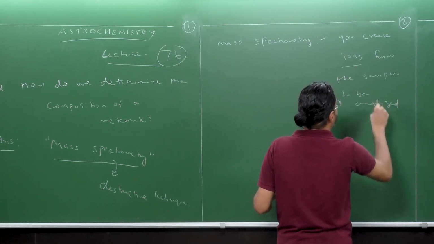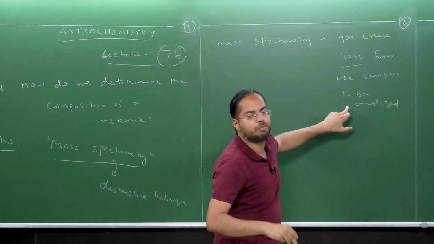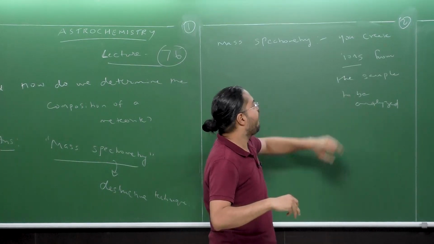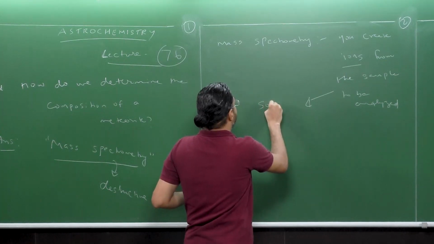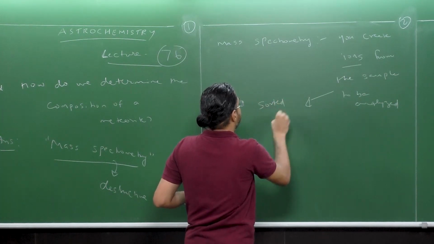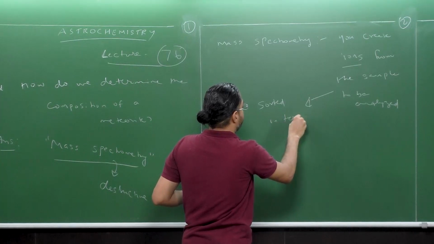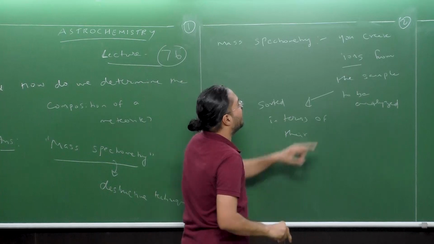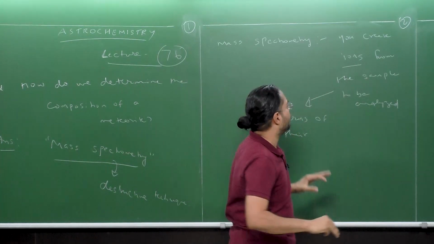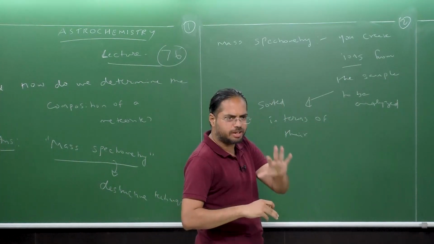Then these ions are sorted in terms of their mass. When I say ion, typically it's a cation. Of course, you can also generate anions, but that is much harder.